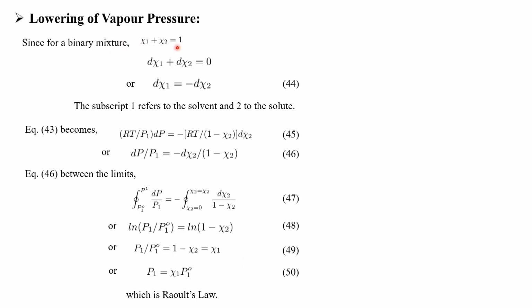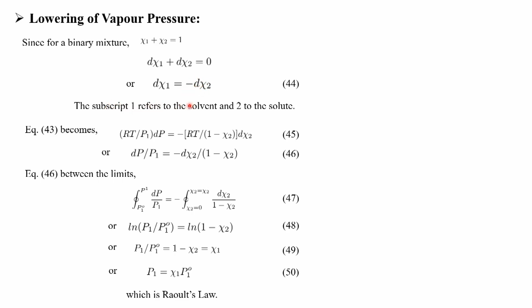Since for a binary mixture the mole fraction of component 1 plus the mole fraction of component 2 gives the total mole fraction, that is 1, the change in mole fraction of component 1 plus the change in mole fraction of component 2 gives 0. So the change in mole fraction of component 1 is the negative of the change in mole fraction of component 2.